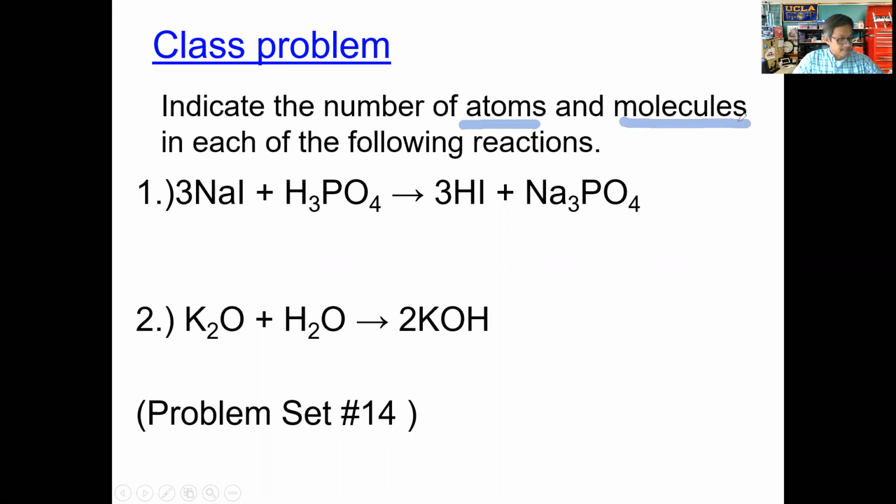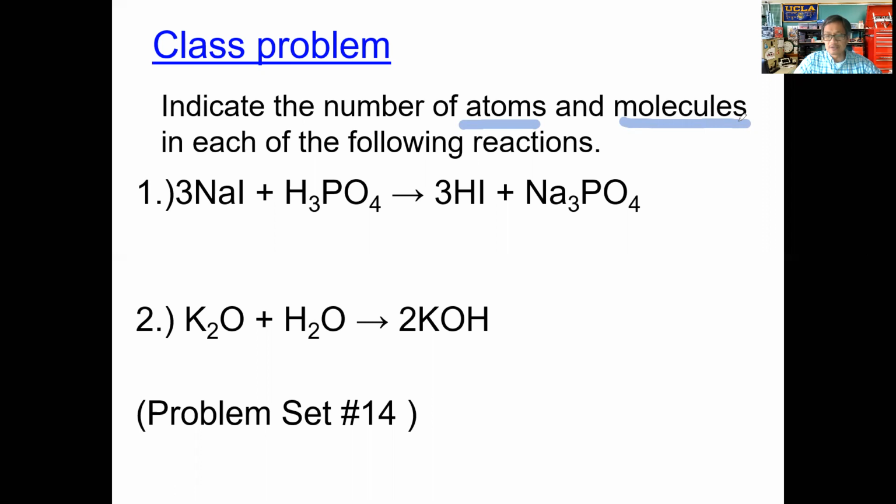We'll start with this problem once we get back from break, and I'll review with you what we're doing. But I'd like you to submit your work today: interpret both of these equations in terms of total number of atoms and total number of molecules, and submit that so I can take a look at it. Then we will use this problem when we get back from break to review what we've talked about up until this point.